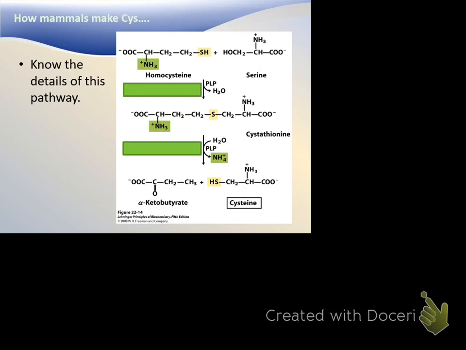Here, though, ours starts from serine and this player right here, homocysteine, which I've mentioned a time or two before, and this is one you should know the structure for. Homocysteine has lots of implications, especially in mammals.